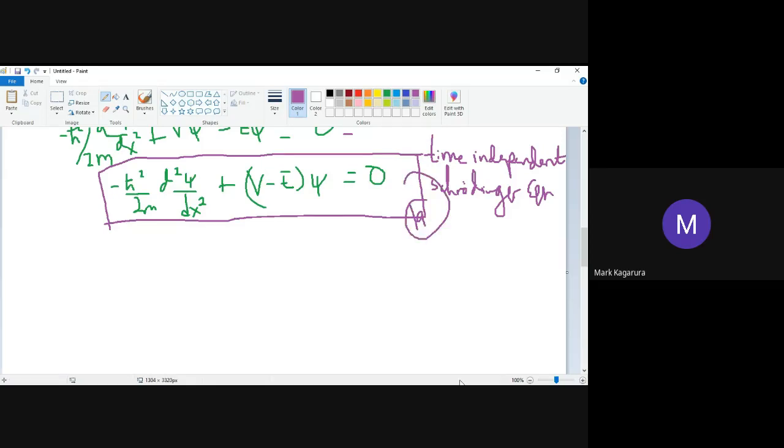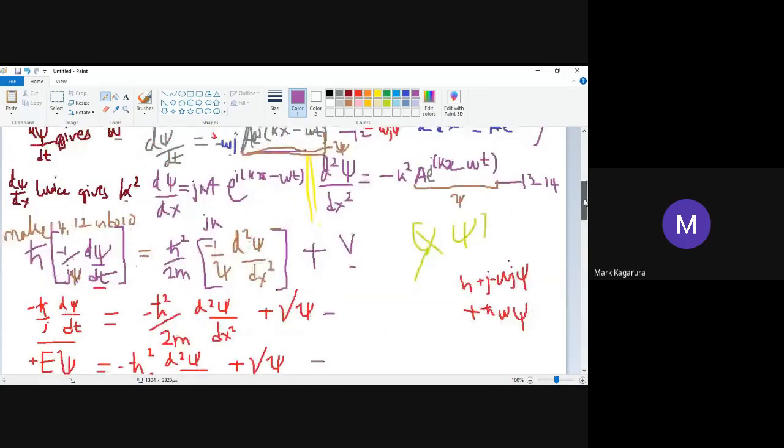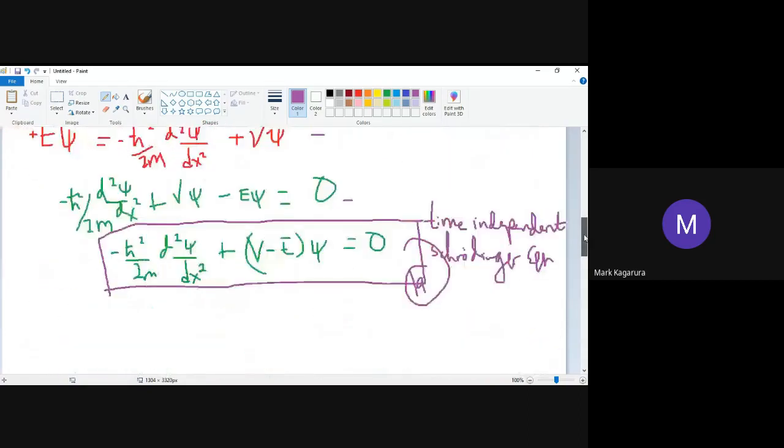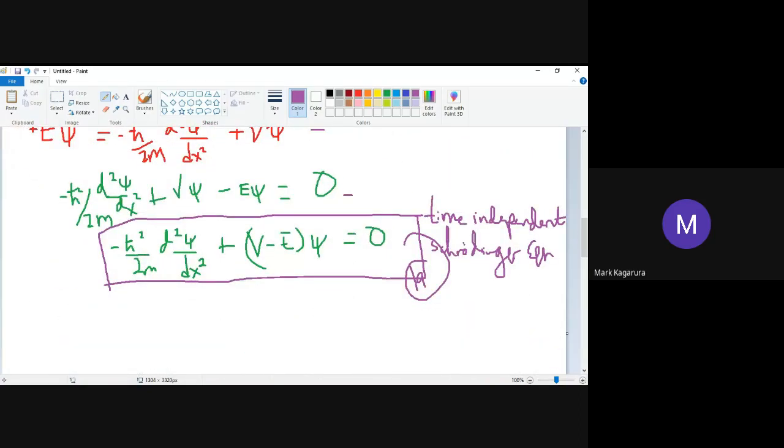Now, the bit of time dependence is added by something interesting. Do we need the time dependence now?